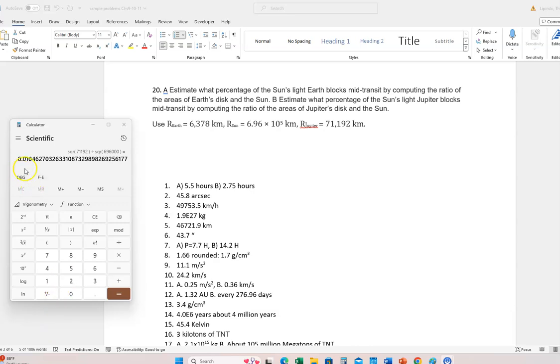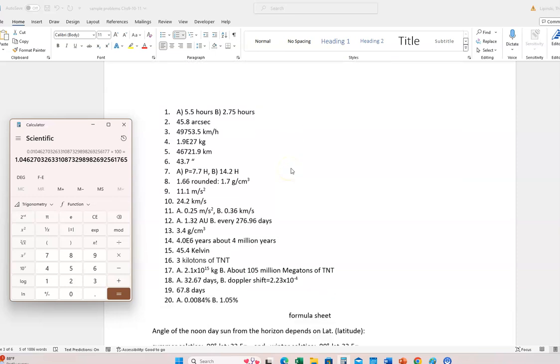Okay, that's better. I just didn't type the numbers in correctly. So when I did the ratio of the radius of Jupiter divided by the radius of the Sun, squared, this is the number that I get. And then if I multiply that times 100, that'll put it in as a percentage. So there it is, 0.0105, or 1.05.